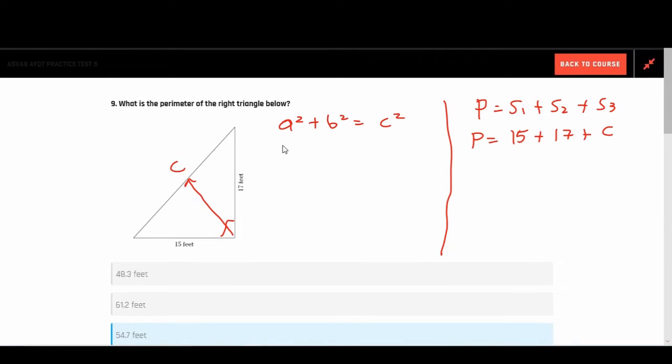So I'm going to let a equal 15, b be 17, and c, which is our unknown we're trying to solve for, just plug that in accordingly.